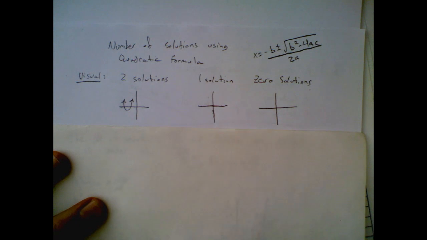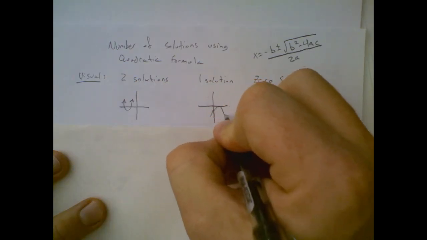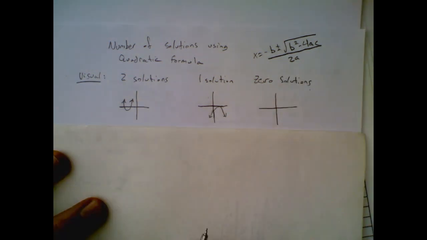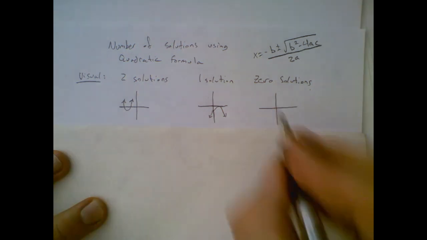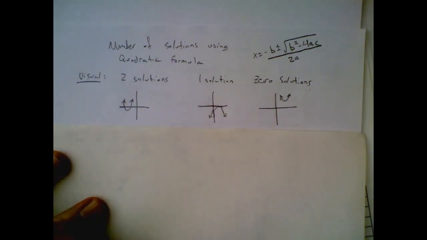It could open up or open down, it doesn't really matter, it crosses the x-axis twice. One solution is a quadratic that touches the x-axis in one spot and then changes direction. And zero solutions is when the graph doesn't cross the x-axis at all. So those are our three cases.